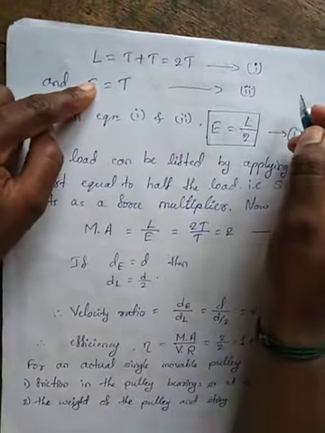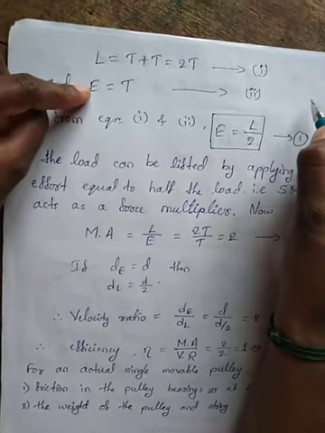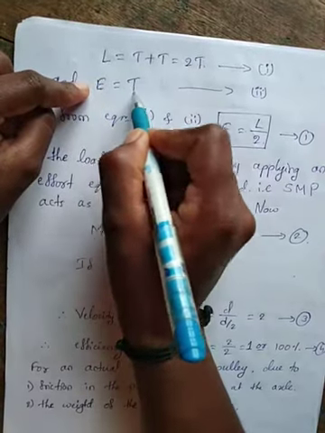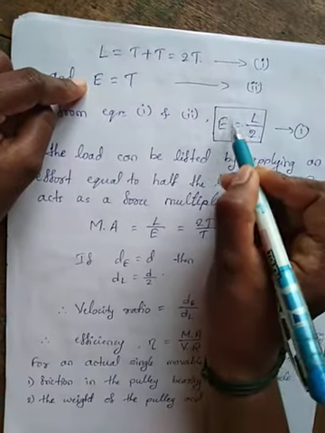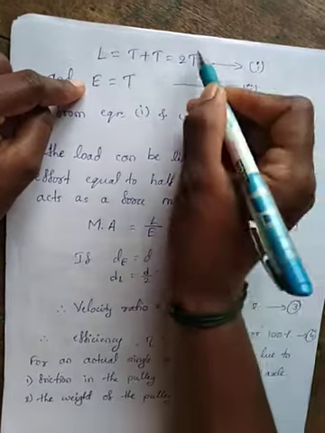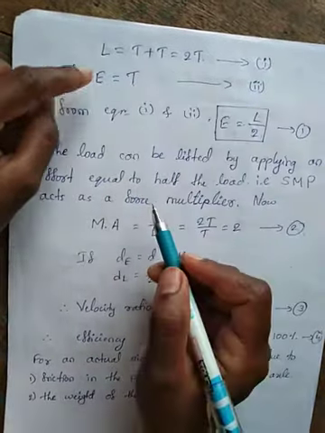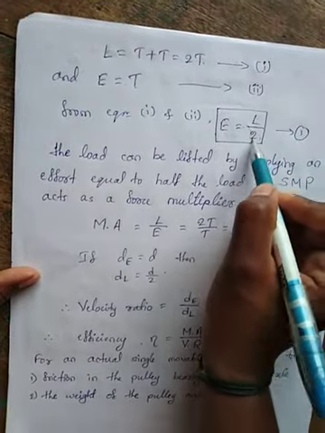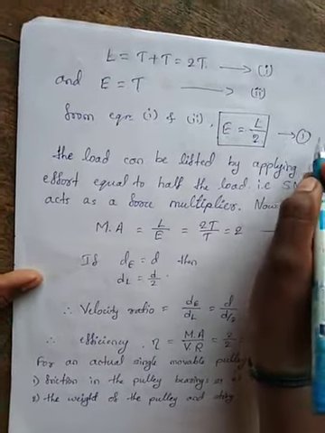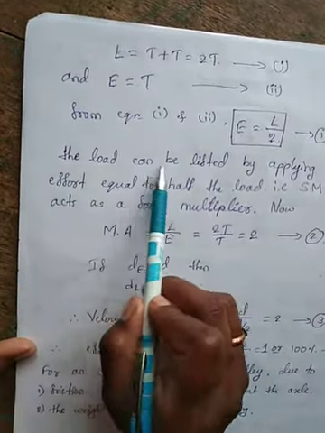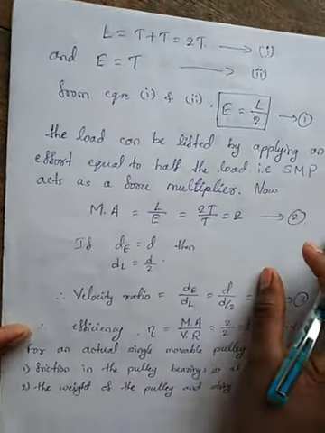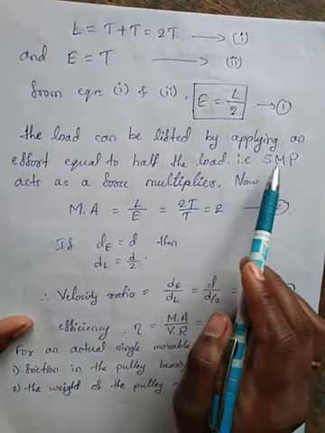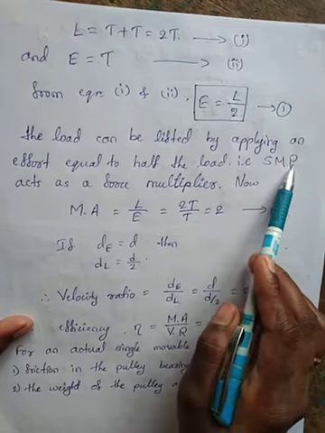See here, from equation number 1 and 2, L is equal to 2T, E is equal to T, then E is equal to L divided by 2, here T gets cancelled, and this L will come here and 2 will come here. The load can be lifted by applying an effort equal to half the load, that is single movable pulley.